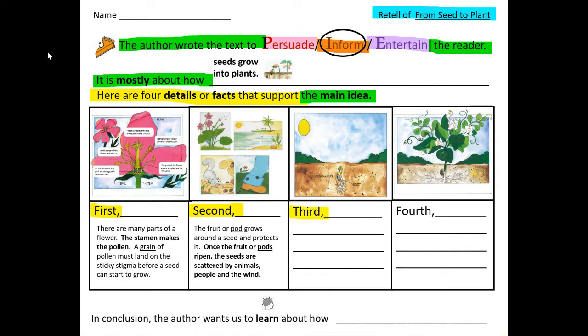Third, what is germination? There's a picture showing germination.